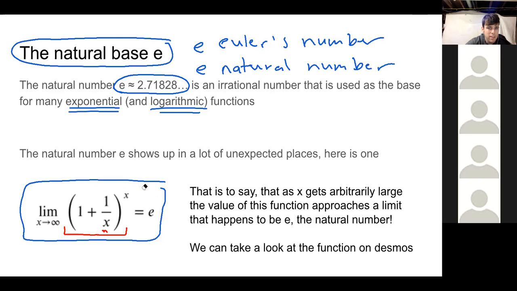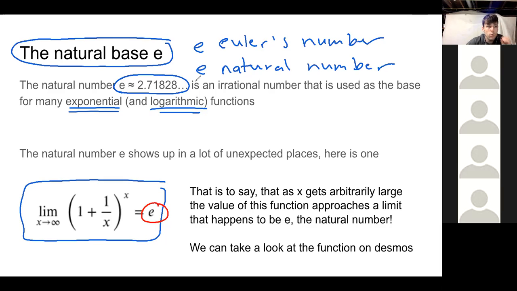But basically what we're saying is this particular function, which is similar to the compound interest function, if we go out to infinity, which we haven't talked about, limits as x approaches infinity. But if we go to sufficiently large values of x, then this function starts to get close to E. And we can look at it graphically.